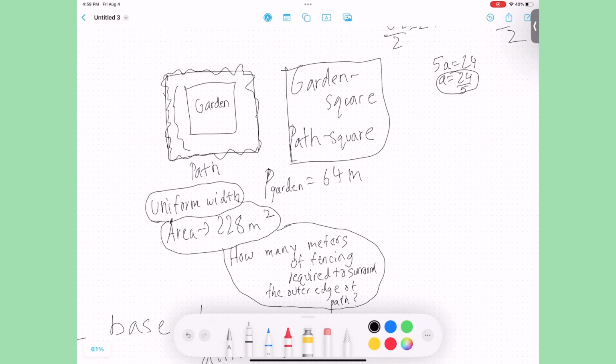So this is the perimeter of the garden, and this is the area of the path, just this area over here without including the garden. So how much fencing do you require to surround the whole path?